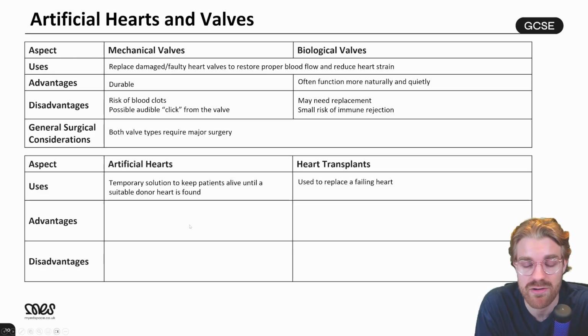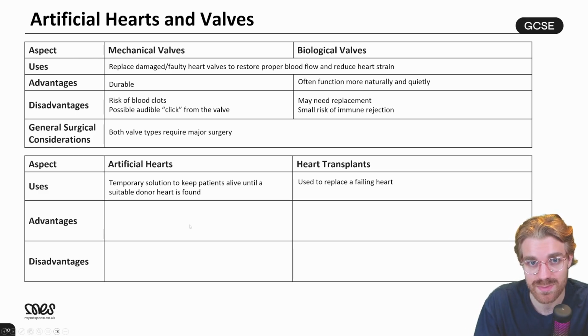This is very, very restrictive and the patient would have to remain in hospital the entire time. The heart transplant, however, could be used to replace a failing heart. A heart donor, a person who has recently died, who has a healthy heart, their heart might be able to be transplanted into the patient with heart disease and to replace the faulty heart.